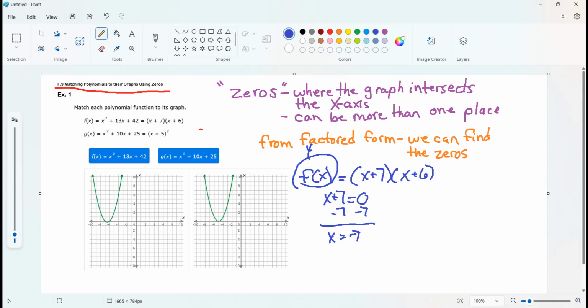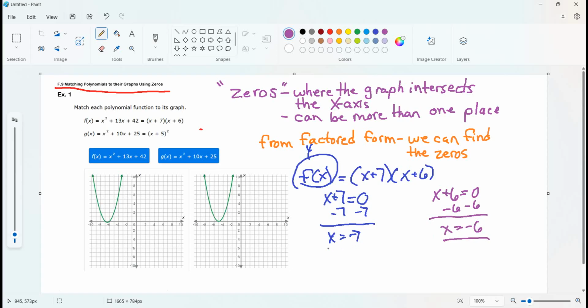Then if we take this factor over there, x plus 6, you can have a bunch of these factors also. Here we only have 2. Set it to equal 0 and solve it. We want x all by itself. Subtract 6 from both sides. So x equals -6.